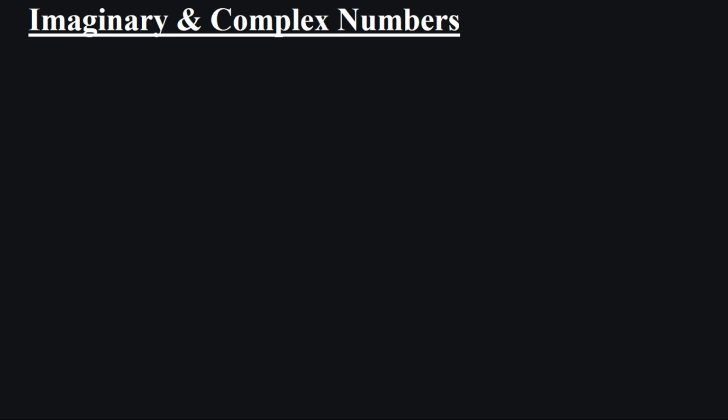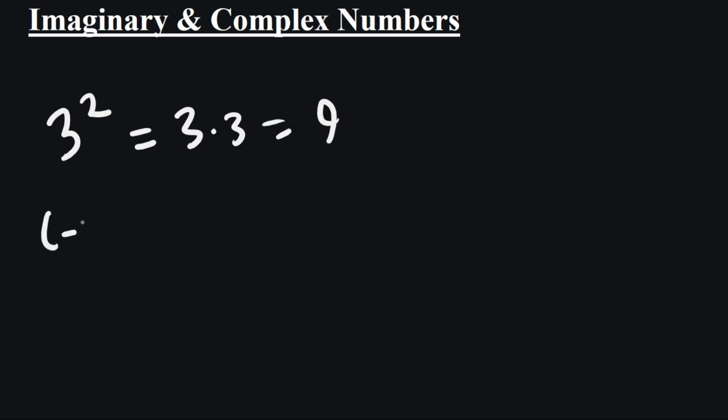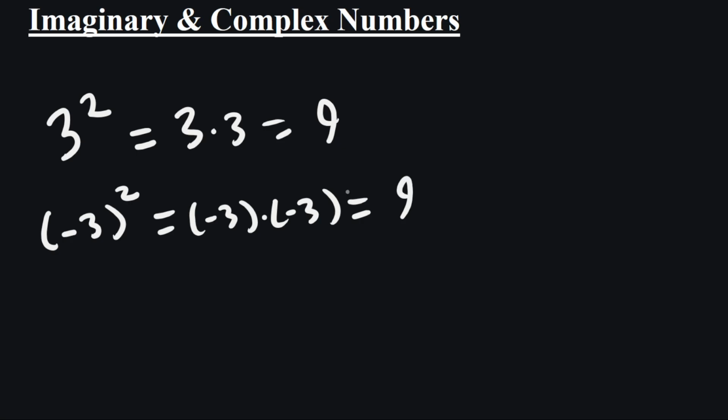Let's say we had 3 squared. As we know, 3 squared is 3 times 3, which is 9. Perfect. And let's say we had negative 3 squared. Negative 3 squared is negative 3 times negative 3, which also equals positive 9, because a negative times a negative still gives us a positive.